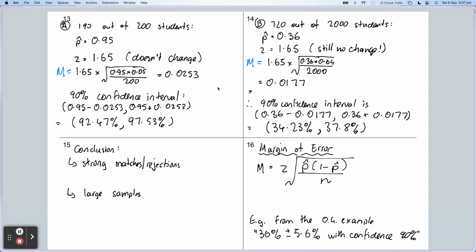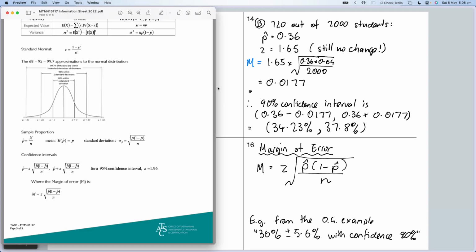Okay, one last thing, very, very last thing, and that is I just wanted to show you that here it is on your information sheet. You've got this being the lower bound, this being the upper bound, this being the margin of error, and in case you forget how to work out the Z value in your blind panic in the middle of an exam, it gives you the Z value for 95%.